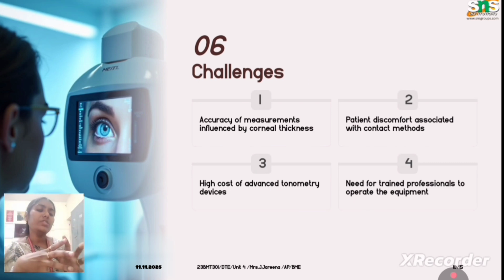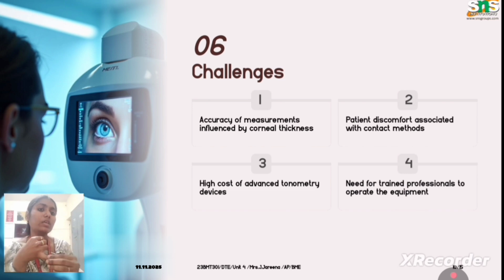But along with the good, we have some limitations and constraints in using this tonometer. First, the measurement accuracy is influenced by the corneal thickness, because corneal thickness varies from person to person and may be influenced by many factors like age.